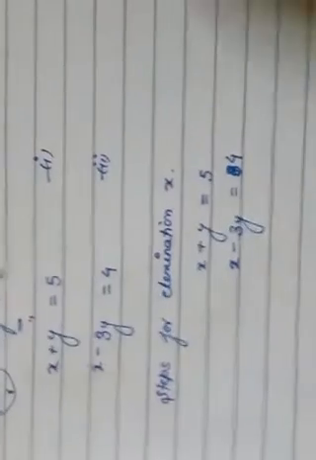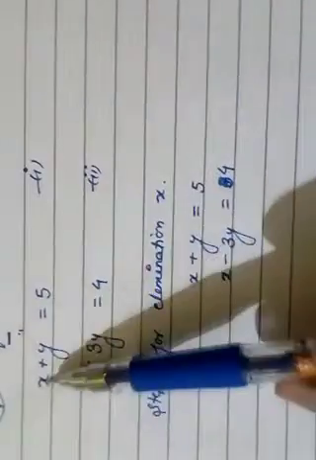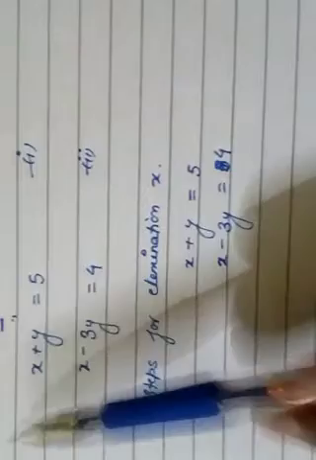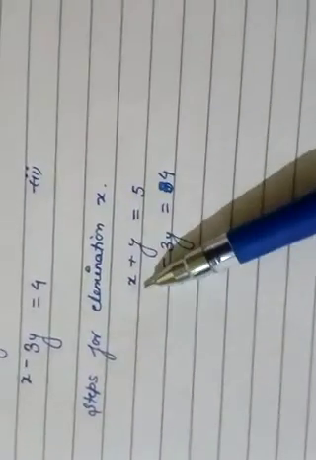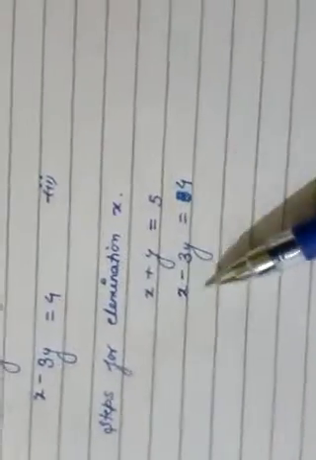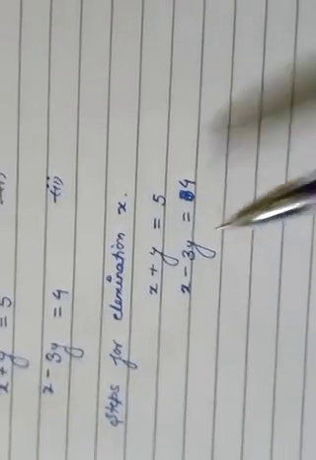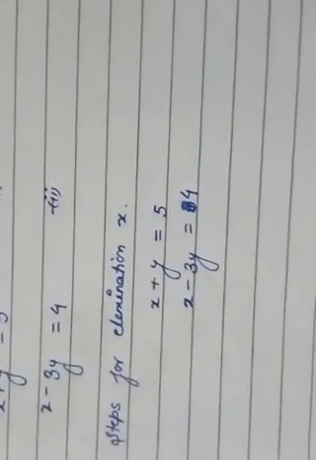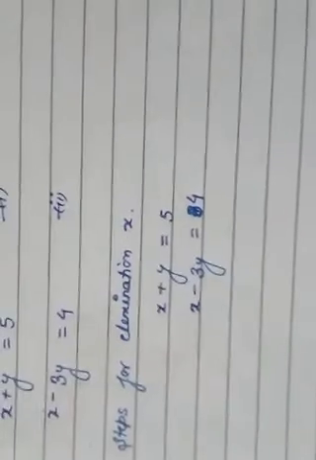For the elimination method, we have to eliminate x from these two equations. Here the x coefficients, x1 and x2, are both equal, so we can easily cancel them out by subtracting one equation from the other. So now we are subtracting the second equation from the first equation.